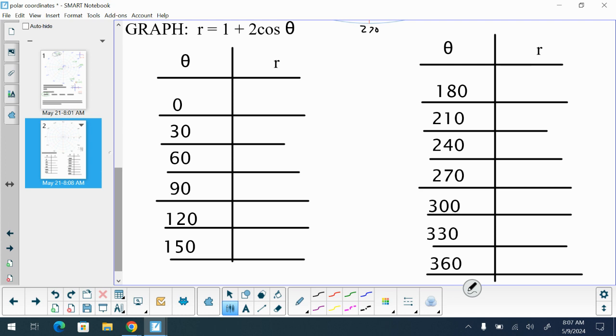Okay, then plot your ordered pairs. Do not connect the dots though. Once you find the values, plot those ordered pairs. Once again, do not connect the dots yet. Just plot the ordered pairs.